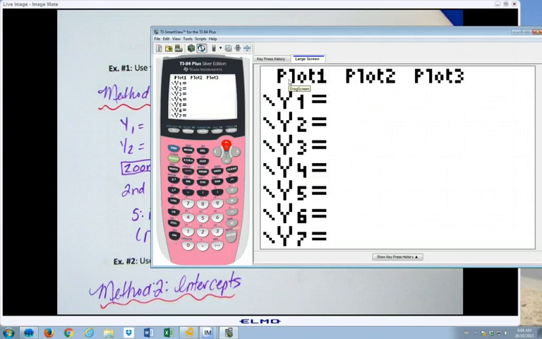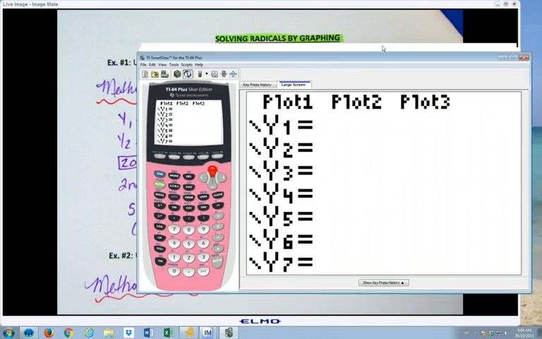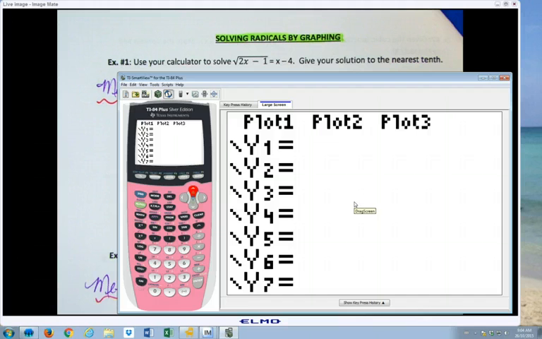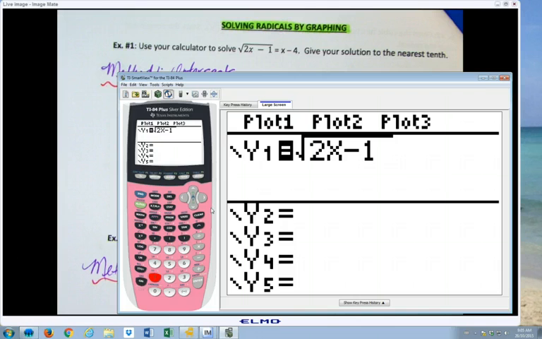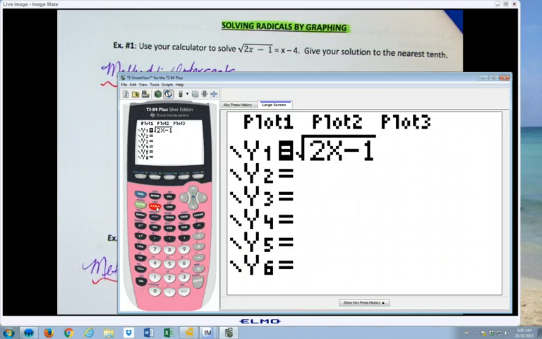Okay, so go into your y equals, clear out anything that you might have in there. Putting in the left-hand side, so square root 2x minus 1. Jumping down to y2, x minus 4.